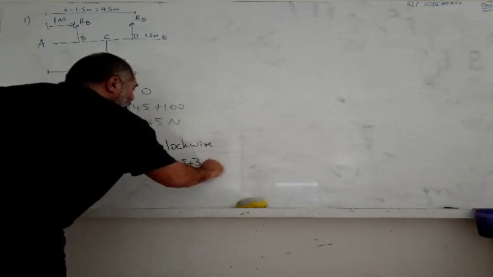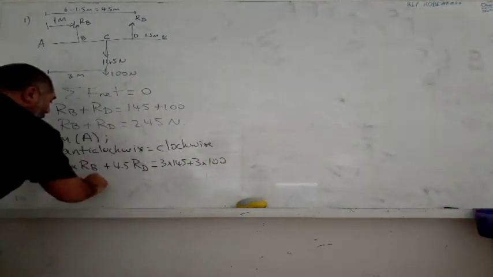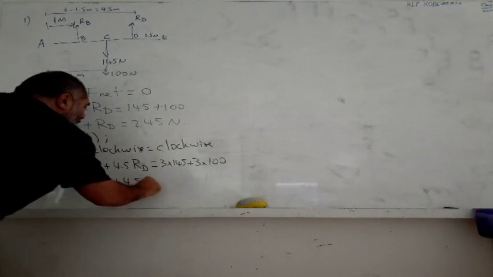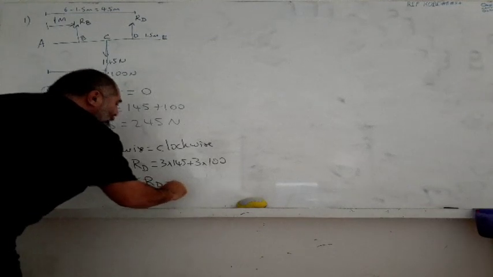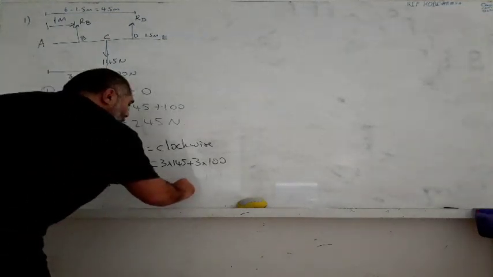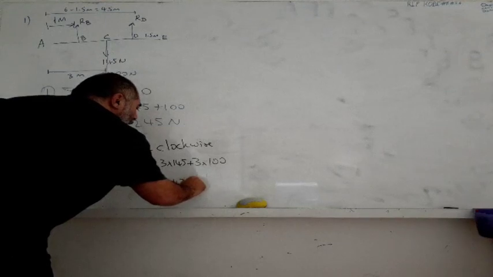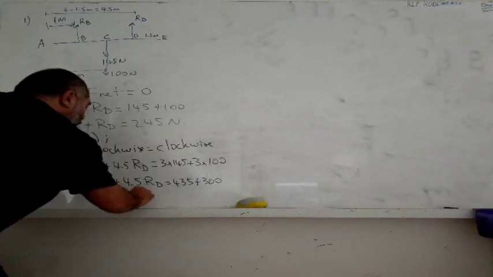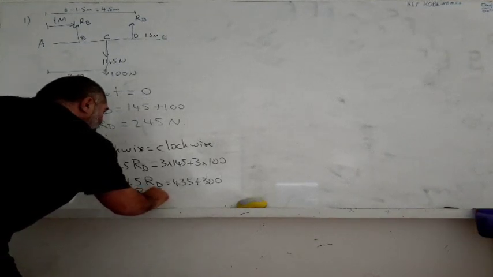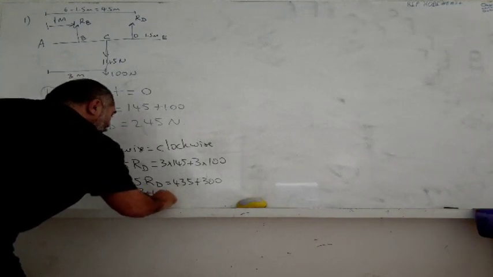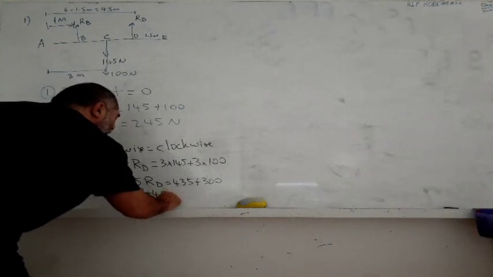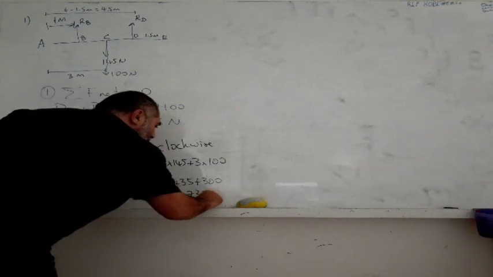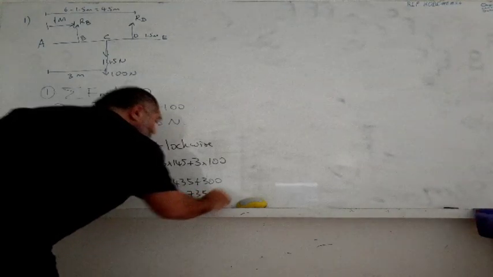So RB plus 4.5 RD is equal to 435 plus 300. So RB plus 4.5 RD is equal to 735 newtons.